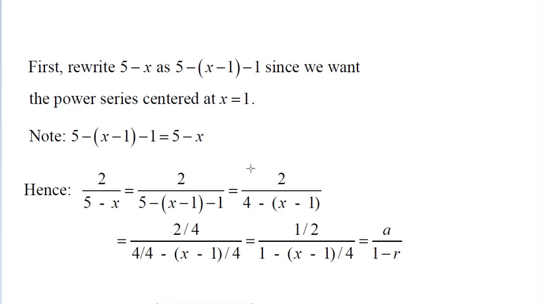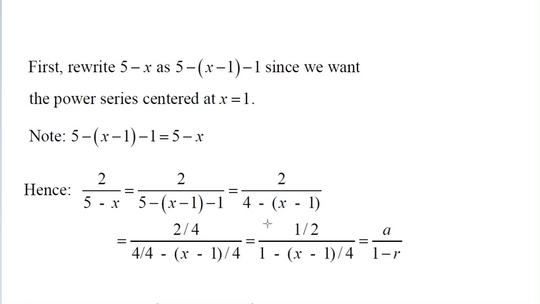And now this looks almost like the form a divided by 1 minus r, except this 4 right here needs to be 1. And therefore we divide everything here by 4, and then divide everything here by 4. 2 divided by 4 is 2/4, and this becomes 1/2. 4 divided by 4 is 1, and this is x minus 1 divided by 4.